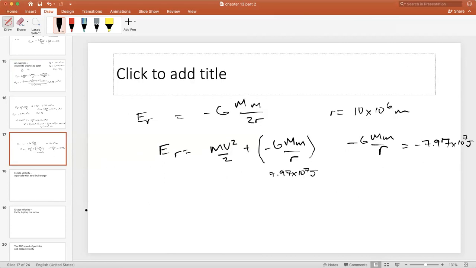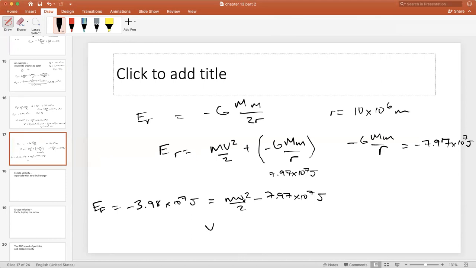So E at r is equal to negative 3.98 times 10 to the 7th joules, which is equal to mv squared over 2 minus 7.97 times 10 to the 7th joules. Moving this over, solving for v squared.